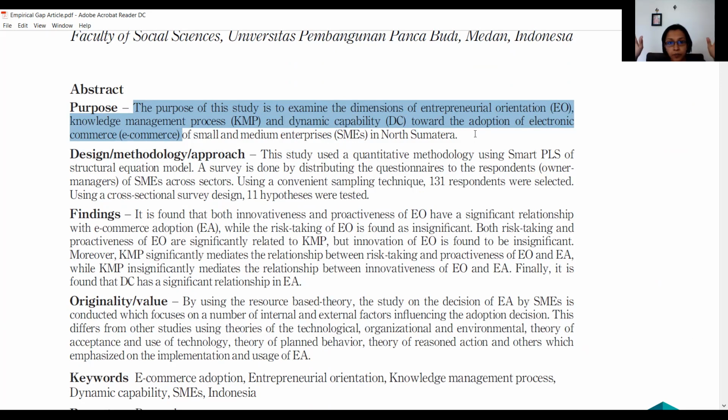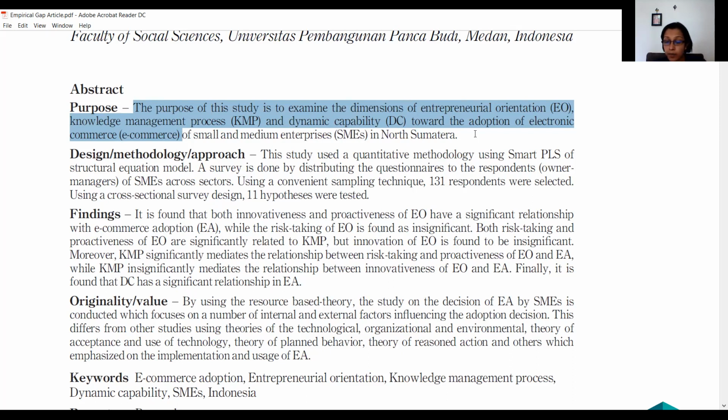So once I searched electronic commerce, I ended up with 3 new things. My initial idea is on e-commerce. Once I read this abstract, I came across 3 different concepts: entrepreneurial orientation, knowledge management process, and dynamic capability.